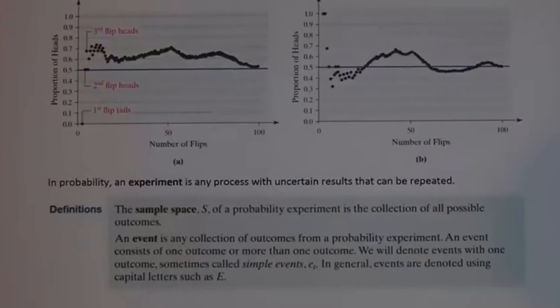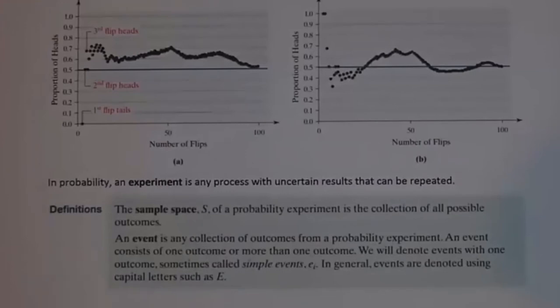So I could flip a coin repeatedly. Rolling dice, the outcome's uncertain, and I can repeat the process. So rolling the dice can be a probability experiment, and so on. Each time we repeat the process, that's called a trial. So my first flip is a trial. My second flip is a trial. My third flip's a trial, and so on, of the probability experiment.